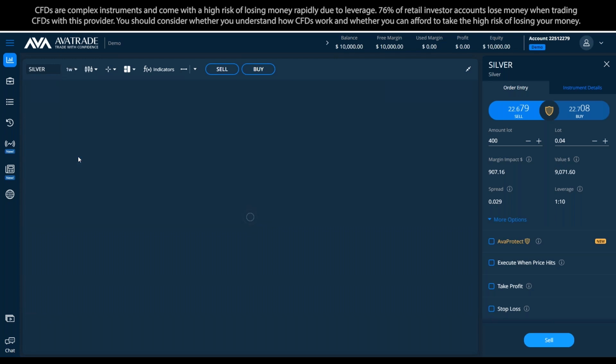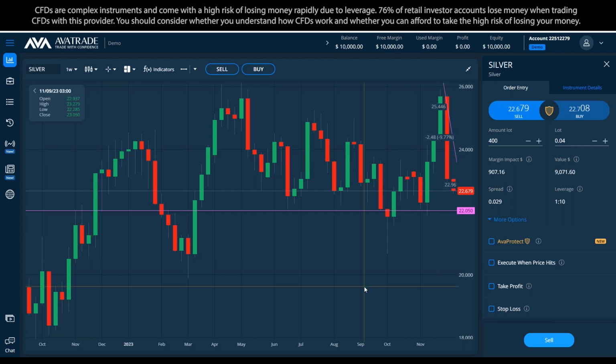Let's switch to weeks, see what the weekly is doing here. Okay, from 22 down to 22.50. What do you think? What do you think, guys? Is this realistic, or am I aiming too far?